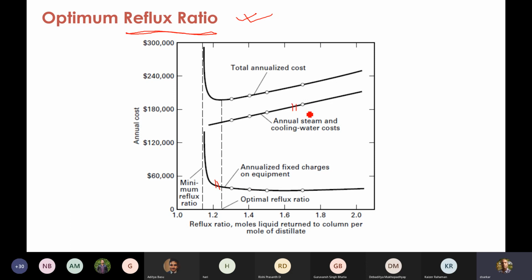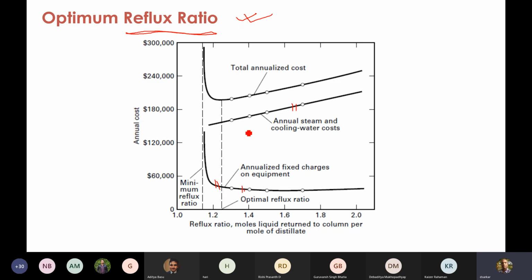So your annual recurring charges for steam, cooling water, etc., will increase. The steam cost will increase, the cooling water cost will increase. So such operating costs will increase, but with increasing reflux ratio, the cost on equipment will decrease.